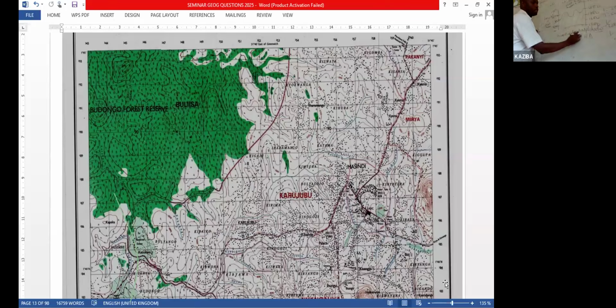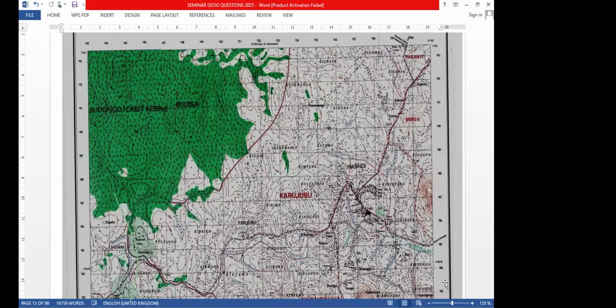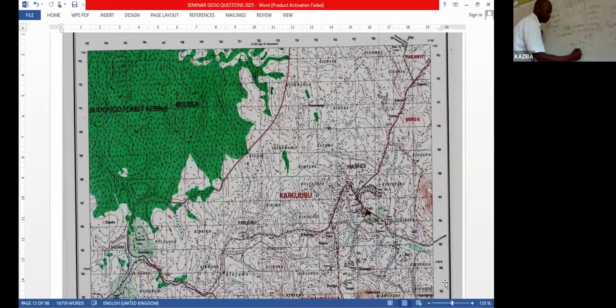Are you there? Now, what is the amplitude? Look for the contours you're plotting here. Look for the highest contour minus the lowest contour over this distance here, which is the horizontal distance. For example, you know how to get this, use a thread. Let's say these are 5 kilometers. If the highest was 1,500 and the lowest was 1,100, we shall say 1,500 minus 1,100 over 5 kilometers. Are you following?